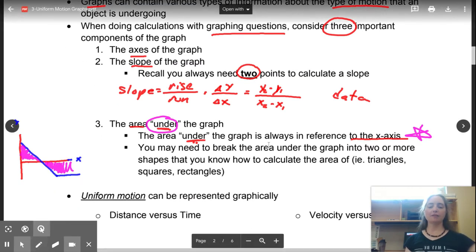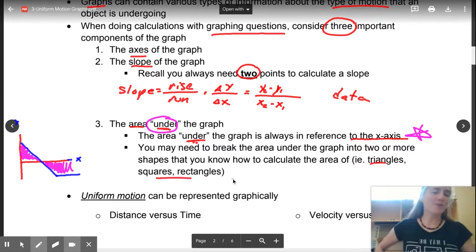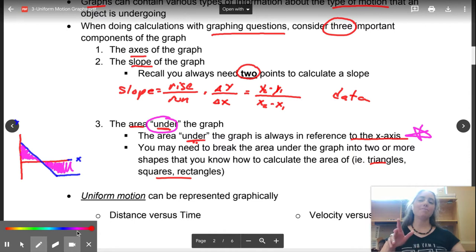So you may have to use your area of triangles and squares or rectangles in order to get the proper area, all right? Okay, so ladies and gentlemen, why are we talking about slope and area?